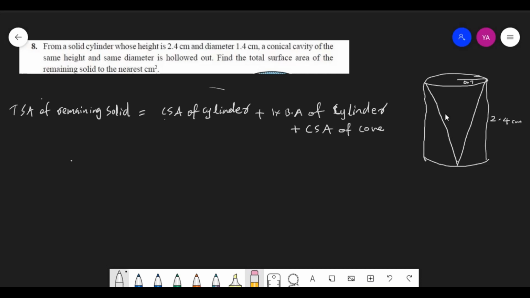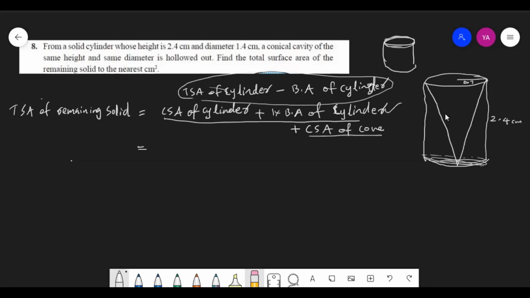You can also write it like this: TSA of cylinder minus one base area. One base area is simply the base area of the cylinder. For a cylinder there are two bases, so curved surface area plus one base area is the same as total surface area minus one base area. Both will be the same, so in any way you can write it. I think it is clear.